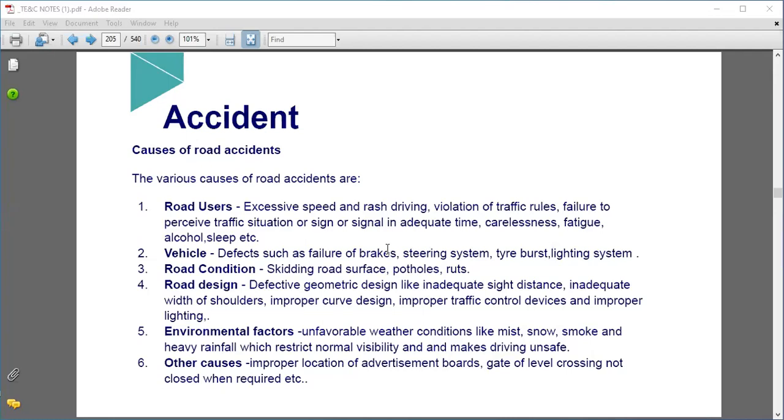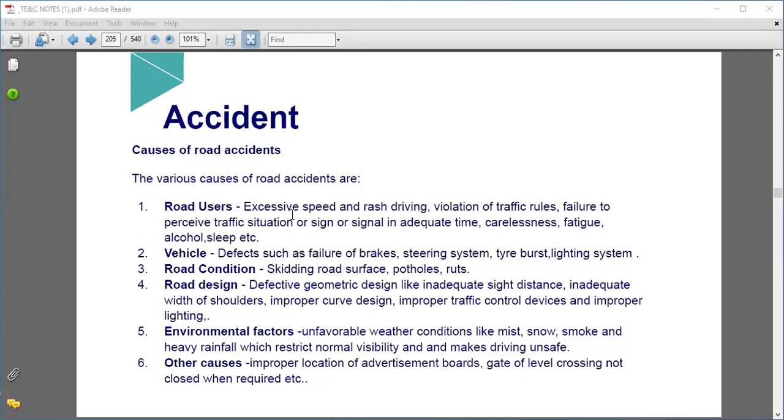Again, road design. What is road design? The defective geometric design, like inadequate sight distance, inadequate width of the shoulders, improper curve design, improper traffic controlling devices, improper lighting. These are the factors we have to consider. Road design is one of the most important parameters for accidents.